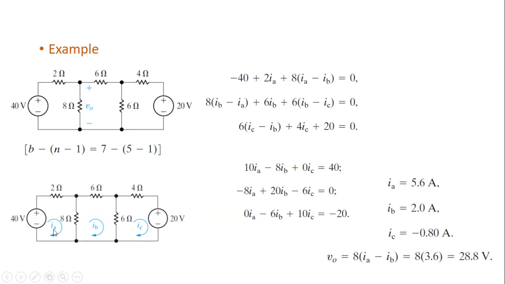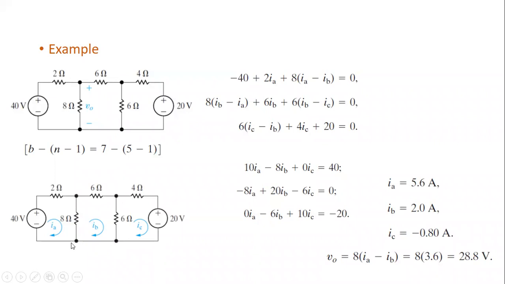You need to use the inner loops: the left-hand side, the middle one, and the right-hand side. So we have 3 loops, and according to the equation, we should have 3 meshes, loops that do not have any loops inside them. Okay, is it clear for all of you?